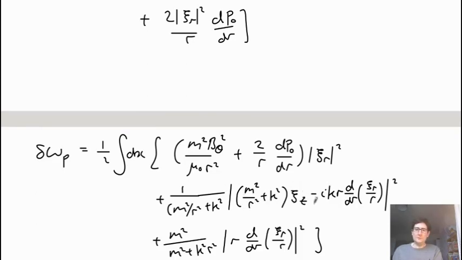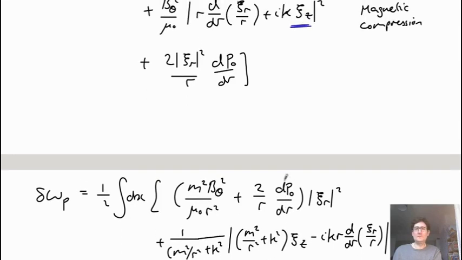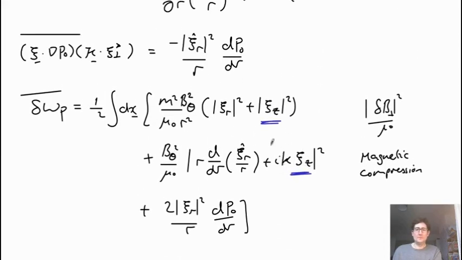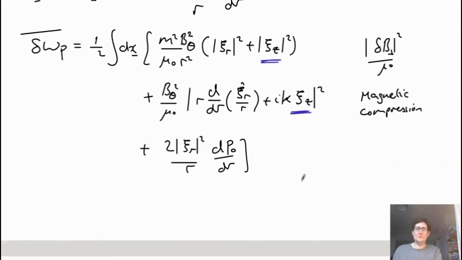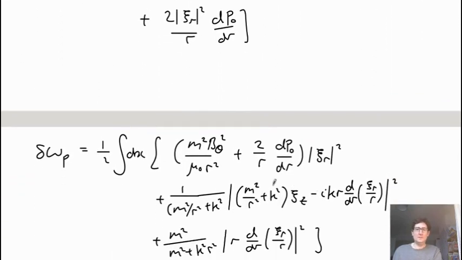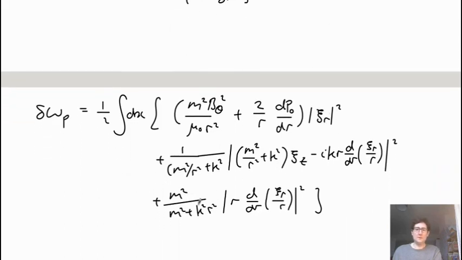If you look at this term here, psi z is the only term now which contains the z component of the displacement. So you've got m squared over r squared and a k squared. The m squared over r squared has come from this component here, and the k squared has come from multiplying this out. If you take this term here and multiply it out, you'll end up with most of the terms I've just shown you, and then this extra bit here. By working backwards from here, you can show that you get the previous result.